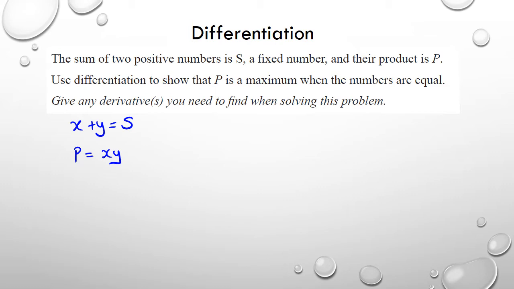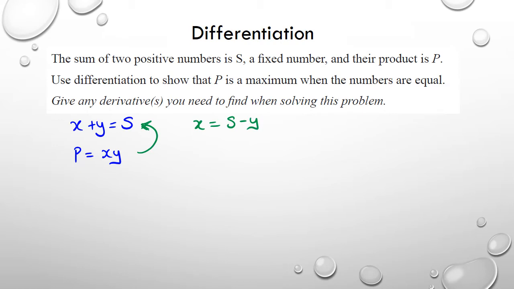Remember, I told you guys in differentiation it's really important that you have everything in one variable. You can't have two different variables. Because s is equal to x plus y, I'm going to put x equal to s minus y.